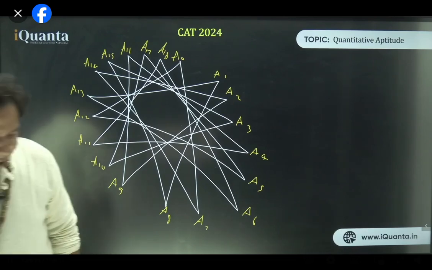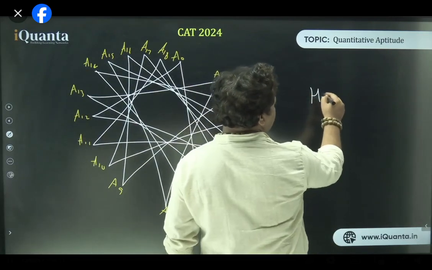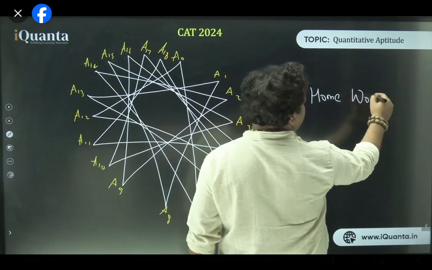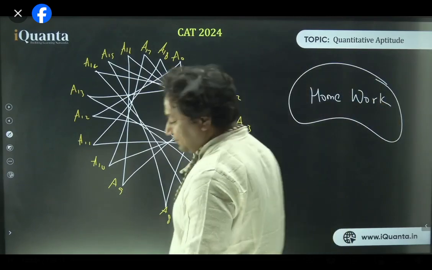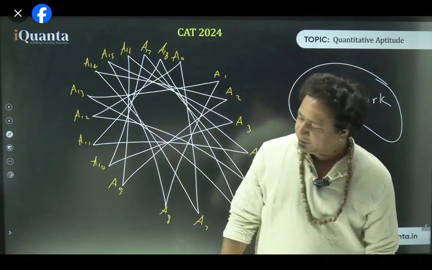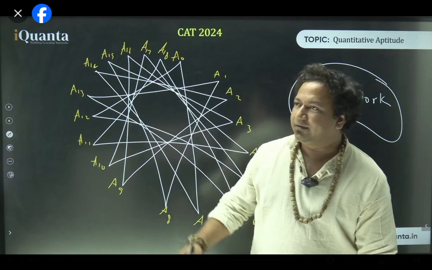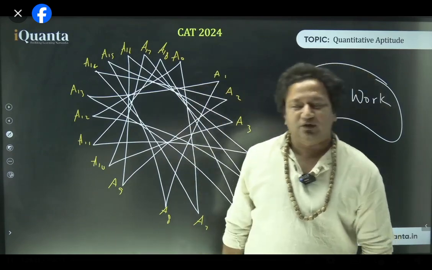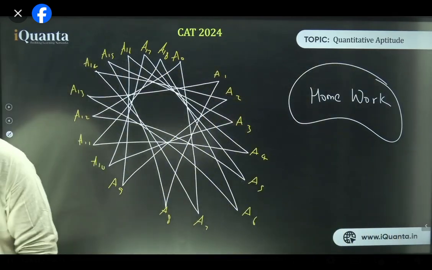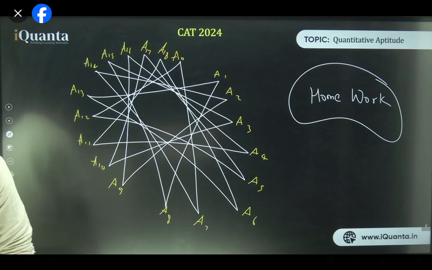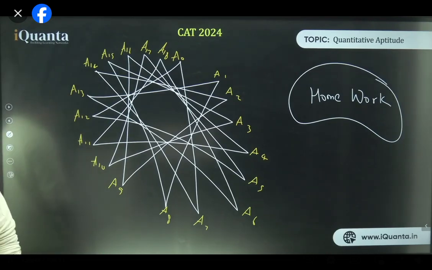This is your homework. Once you do that, your mind will start oscillating in the alpha level of consciousness. Right now it is in beta; the moment you go to alpha, tomorrow when you come here, if you solve this, you will be enlightened.